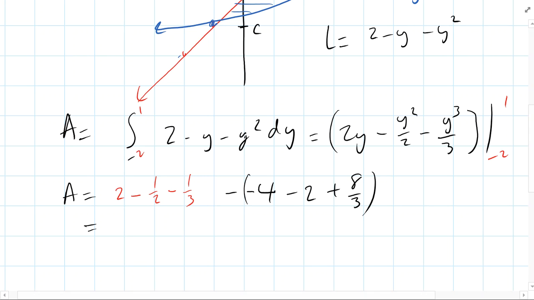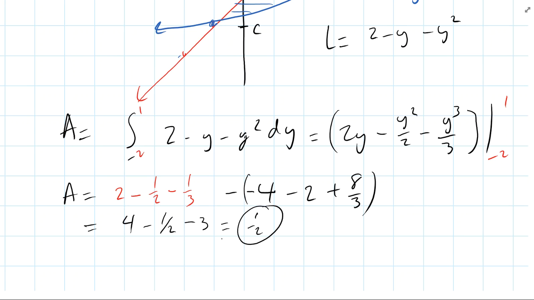Oh, I'll finish it. That's going to be 4, right? -1/2, and then 8/3 minus, so it's -9/3. That's a -3. So that's a 1/2. Let's see if it works. I'm going to do it in the calculator. Integral going from -2 to 1 of 2 minus x minus x squared.